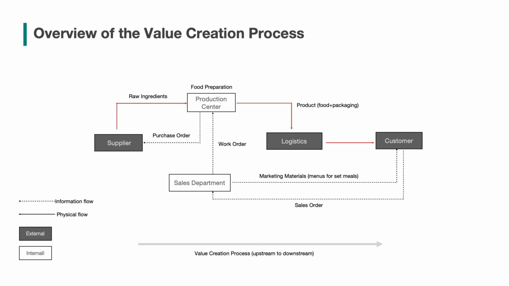Subsequently, the supplier delivers raw materials to the production center, where they are transformed into finished products and delivered to the customer through a logistics service provider. In this flowchart, information flow is represented by dashed lines, while physical flow is represented by solid lines. While physical flows are operational necessities, the architecture prioritizes information flows and their associated roles.